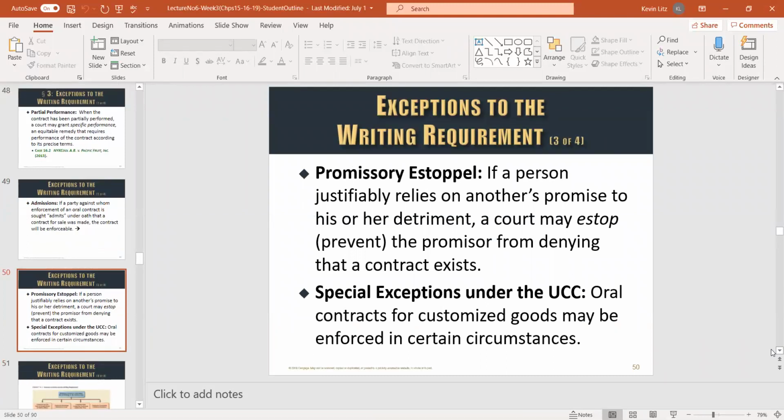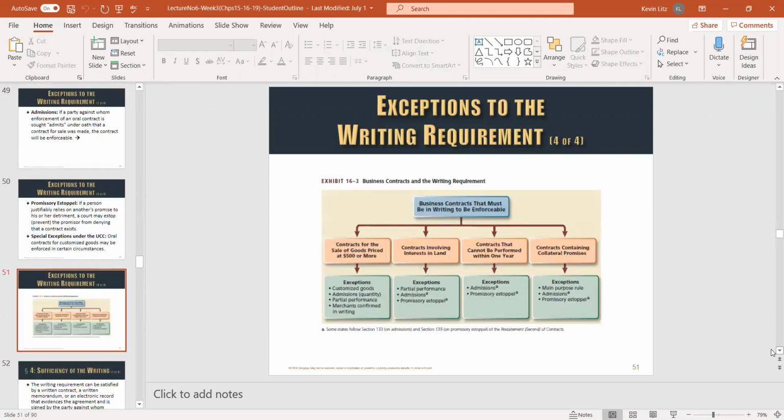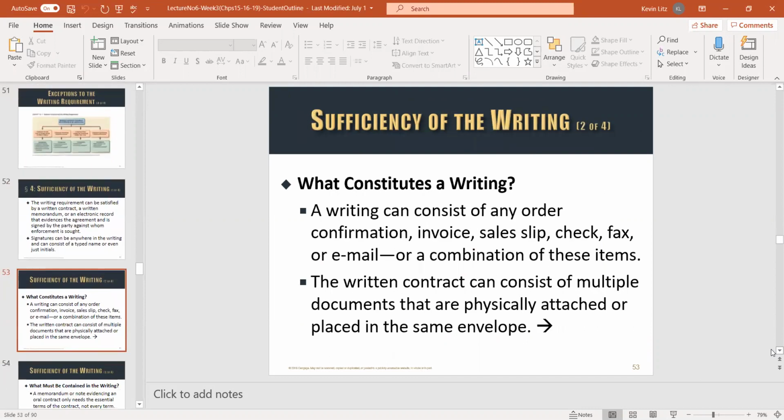We've already talked about promissory estoppel in the other contexts. Here's again the UCC, or excuse me, the statute of frauds. That's a good outline, if you will, in a graphic form. All right, let's keep going.